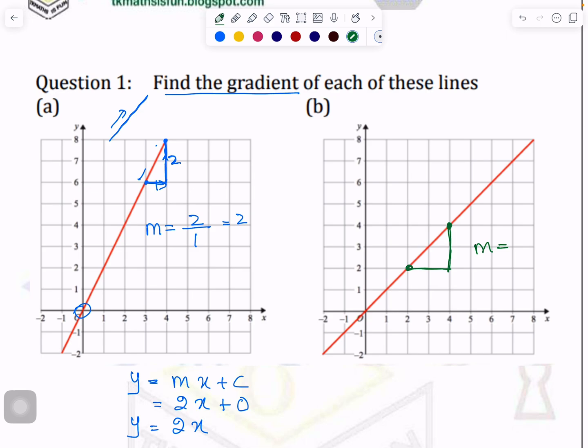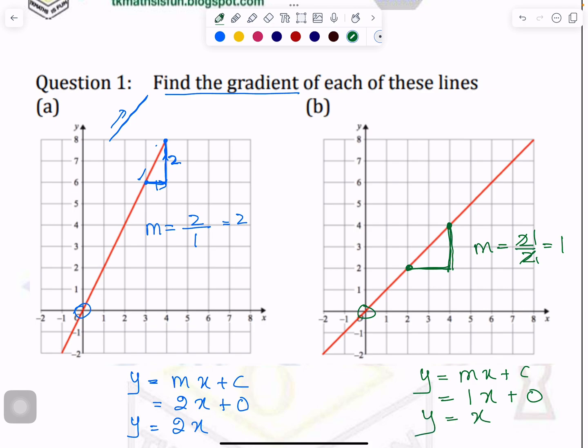So my gradient is rise over run, vertical change over horizontal change, which is 1. So my equation of the line will be y equals mx plus c. Here m is 1 and c is 0, since it passes through the origin, and we never write 1x, we just write x. So my equation of the line is y equals x.